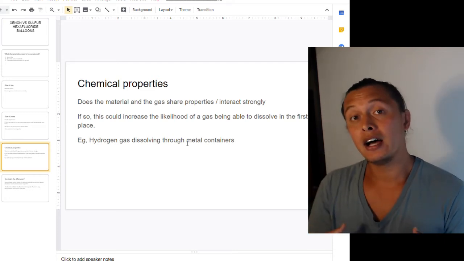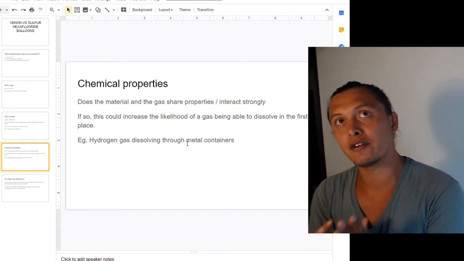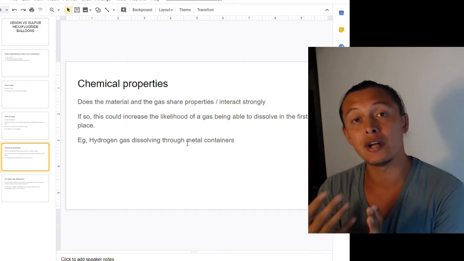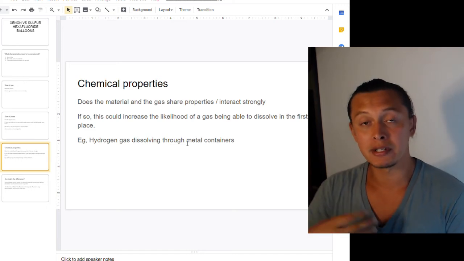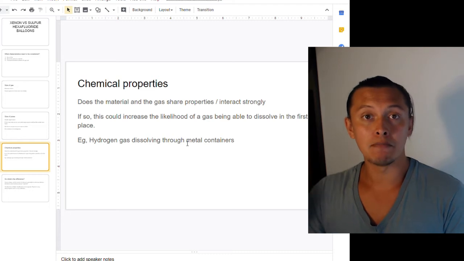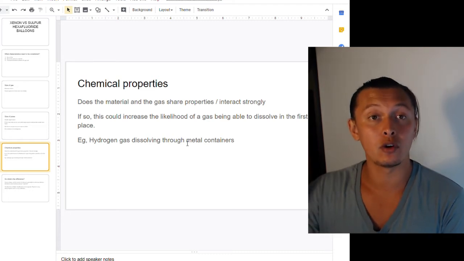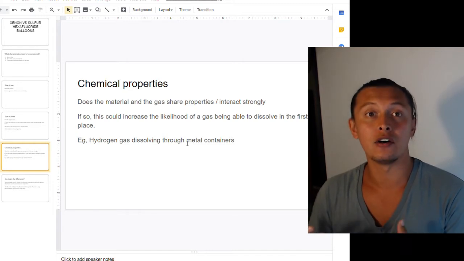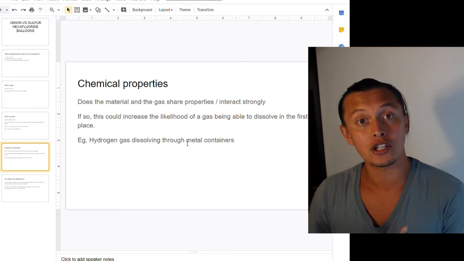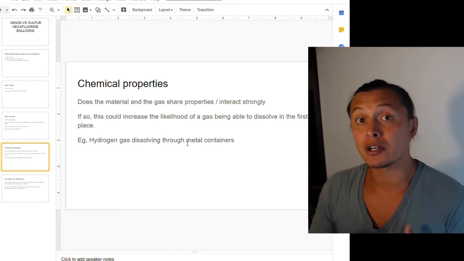They have a completely different set of chemical properties that do not normally allow for metallic bonding. Metallic bonding is when you have the outermost electrons basically liberating themselves from the rest of the nucleus, and those outer electrons are free-flowing around a lattice of these positively charged ions. Okay, so that is the metallic bond. So most gases are not able to participate in that.